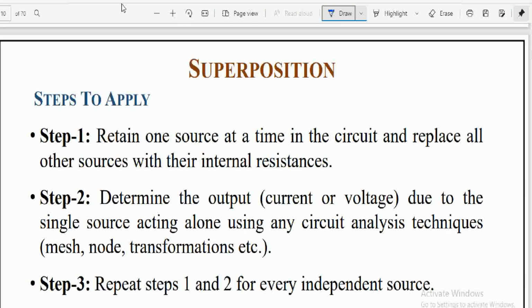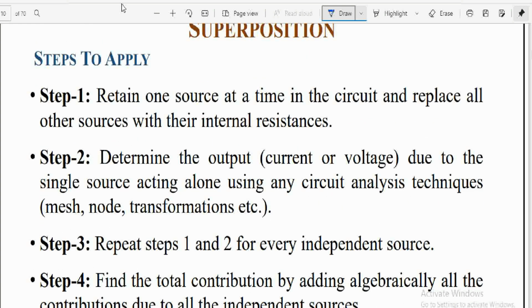So, superposition theorem, steps to apply superposition theorem. What are the steps you need to follow? Step 1 is retain one source at a time in a circuit and replace all other sources with their internal resistances. Then determine the response, current or voltage, due to the single source acting alone using any circuit analysis.